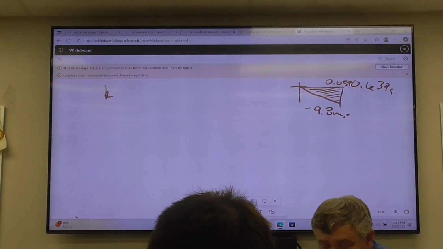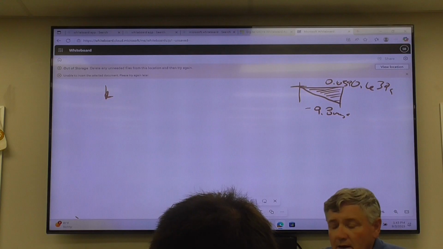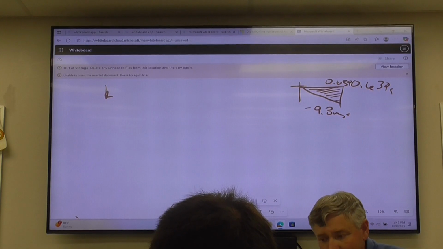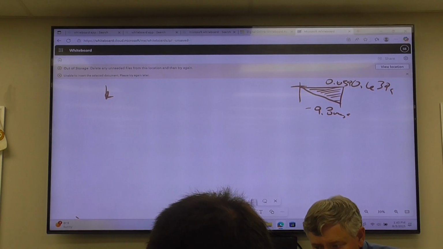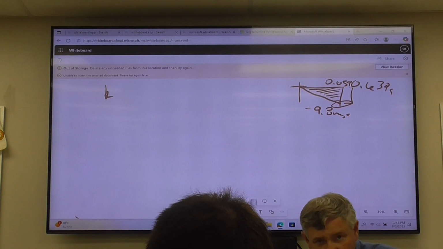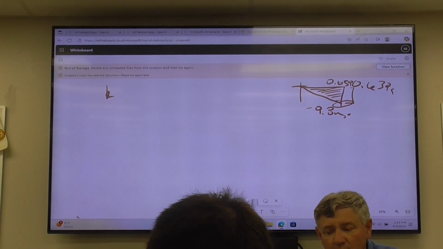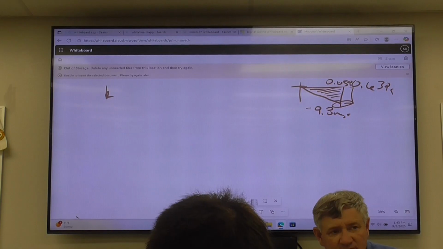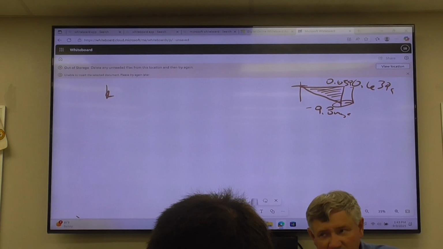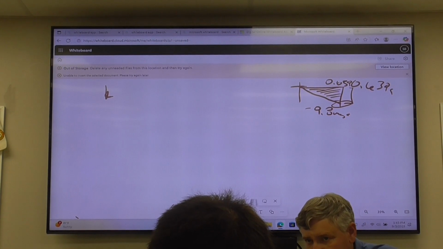And we know that area is now consistent. That area is negative 2 meters. So I need to figure out how fast it's going at the point of impact. So could I use the 0.639 seconds to get my velocity at impact?